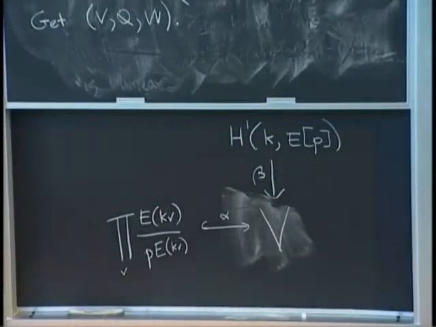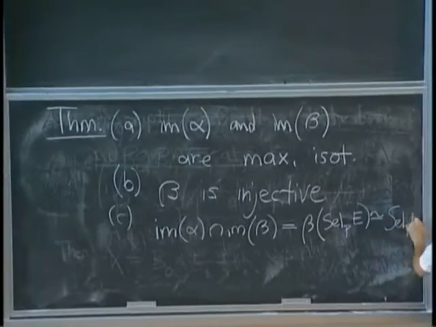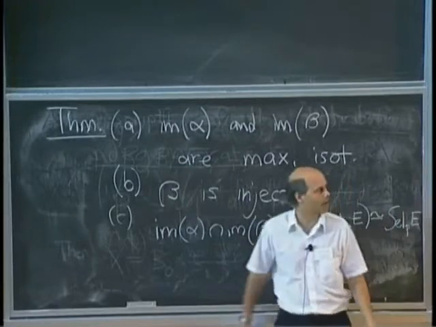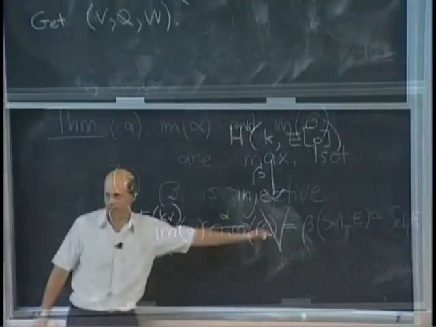So this intersection is just the image of the P Selmer group. And beta is injective, so this is just isomorphic to the P Selmer group. So this construction exhibits the Selmer group as an intersection of two maximal isotropic subspaces in this infinite dimensional space.